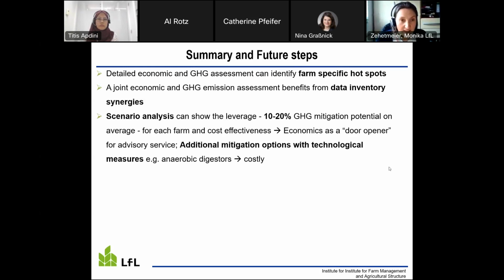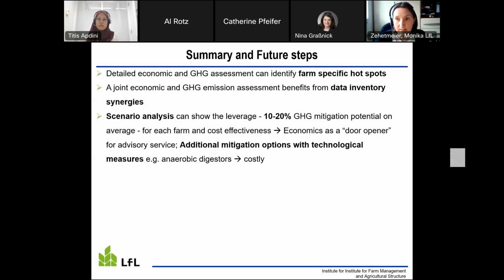And if you move the next step to not just show what the hotspots are, but what the leverage is if we change something on our farm, our tool showed us that for our farming systems, about 10 to 20% on average greenhouse gas mitigation potential can be achieved with cost-effective measures, which are a better replacement rate and better efficiency of feed production along the way until the feed reaches the cow.